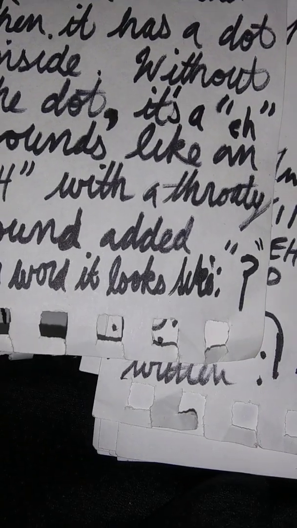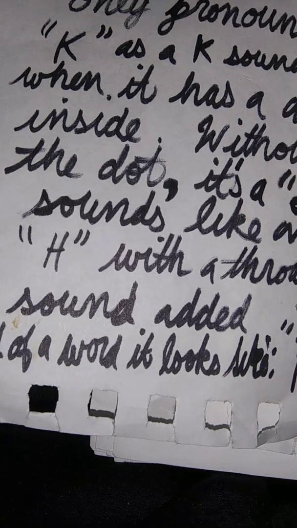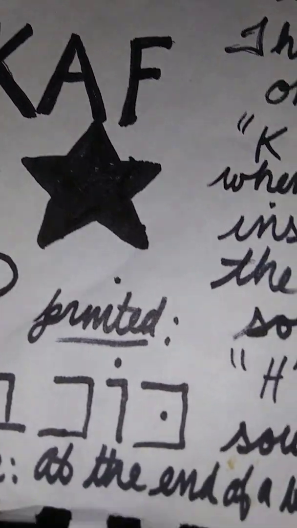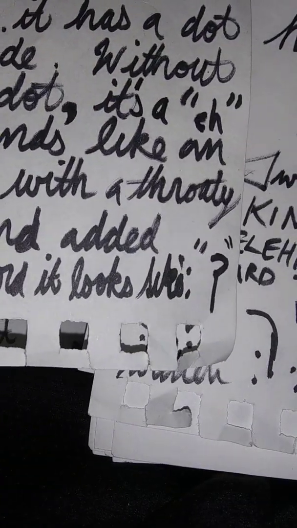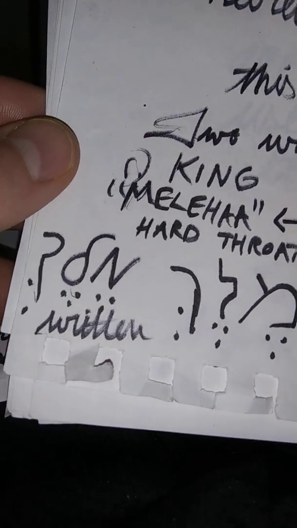And it sounds like, at the end of a word, it looks like this. And that's when you get the throaty H sound from the K, from the cough. So that's what that is. That's the cough at the end of the word, so that's why it sounds like that. I'm glad that I double checked because that helps me explain what I'm looking at here. So that's the cough.